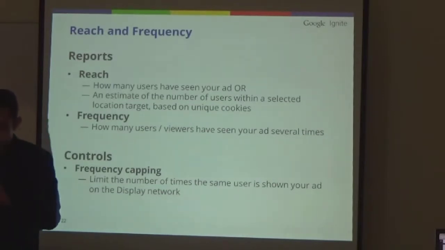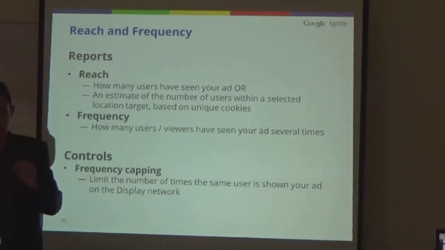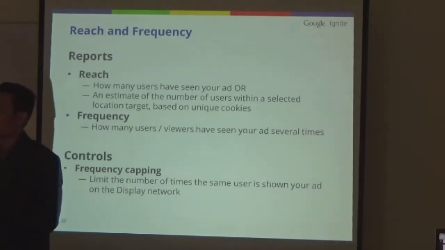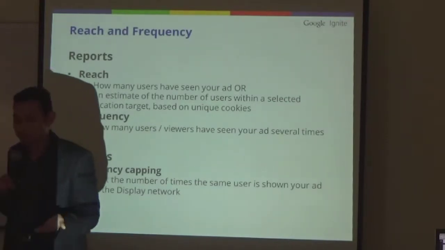Reach and frequency. And there's another term here that I want you to take note of, called frequency capping. Now, this is one of the key differences between search and display. Frequency capping is only available in GDN, in the display network. You cannot apply frequency capping on the search network. Why?